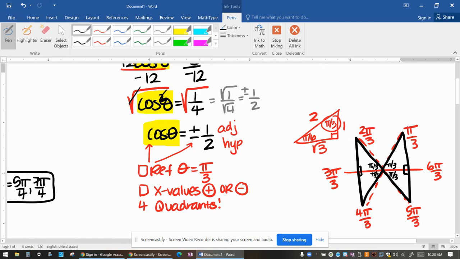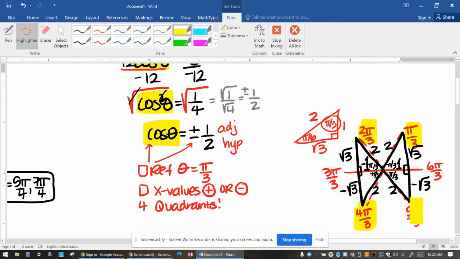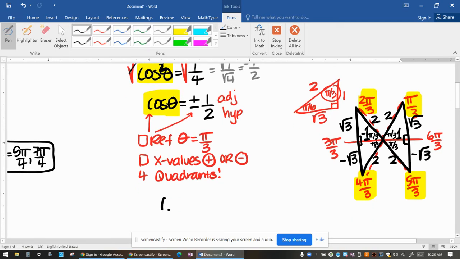Okay, so opposite and adjacent, here would be -1, here would be +1. The solutions in this case are all those angles that land in those quadrants. So theta is 1 pi over 3, 2 pi over 3, 4 pi over 3, and 5 pi over 3.